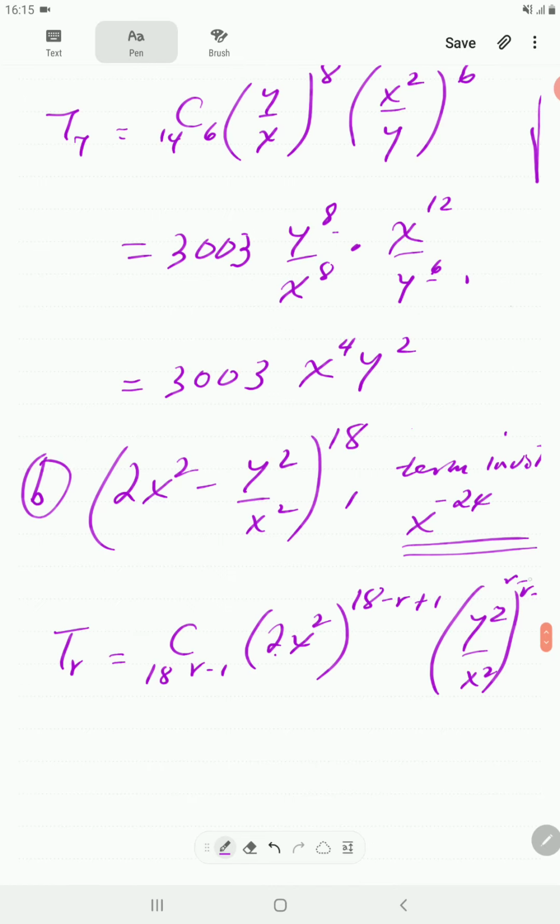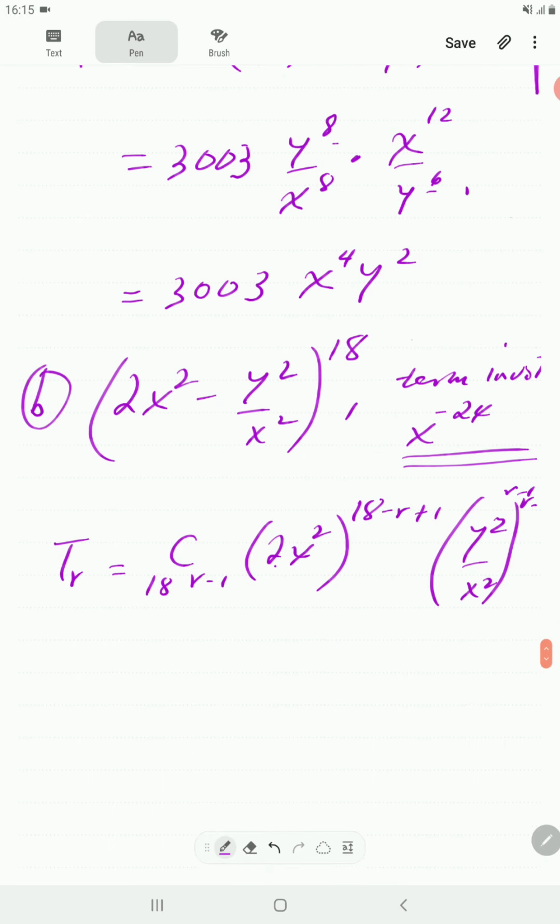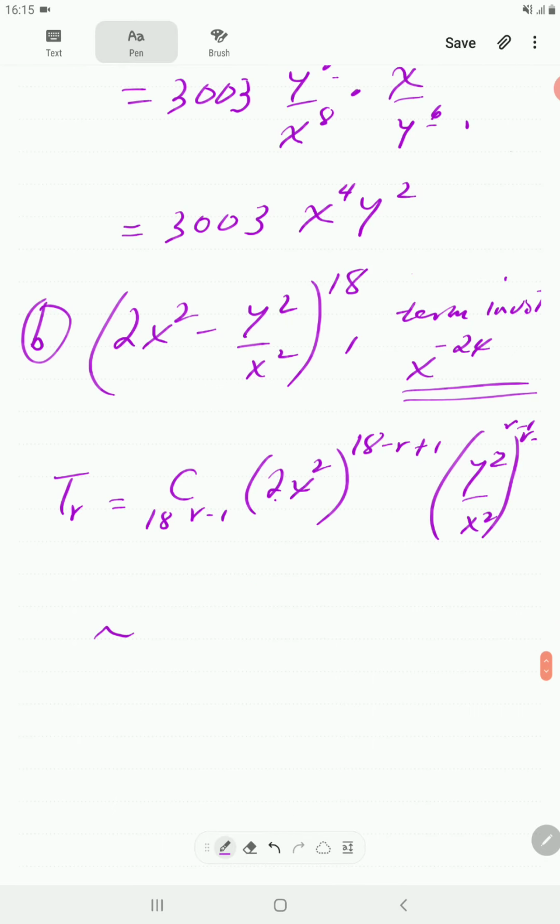R minus 1 is the power there. Then if we just look at the powers of x, here we're going to have x squared to the power 19 minus r, 18 plus 1 is 19. Then in the denominator we're going to have x squared to the power r minus 1.